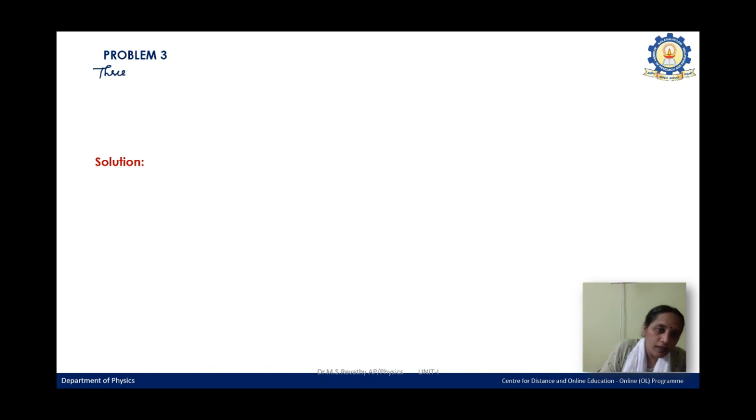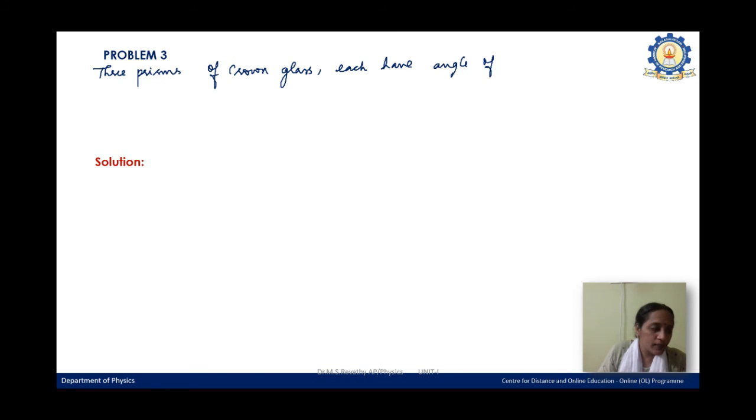Three prisms of crown glass, each have angle of prism 9 degree, and two prisms of flint glass are used to make a direct vision spectroscope.